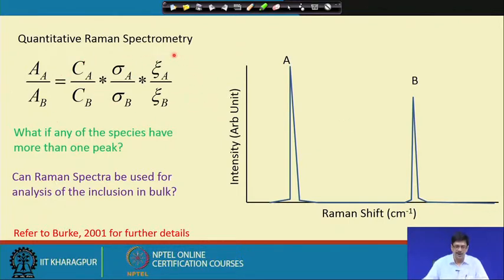The other parameter, Xi A and Xi B, is something called the instrumental sensitivity or instrumental efficiency for that particular species. When we are getting the peaks of methane and carbon dioxide in the machine that we are using, this parameter has to be determined.